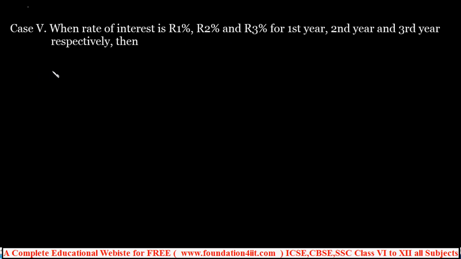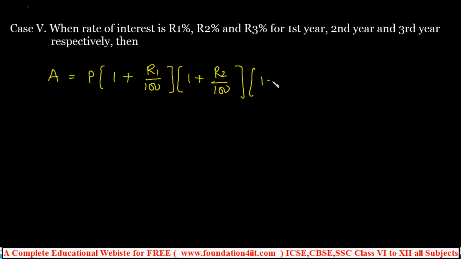In that case, to find the amount, P into 1 plus the first rate of interest, R1 by 100, for 1 year. Power 1 is the same, so there is no need to keep it. So P into 1 plus R1 by 100, again continue 1 plus R2 by 100 and again 1 plus R3 by 100.